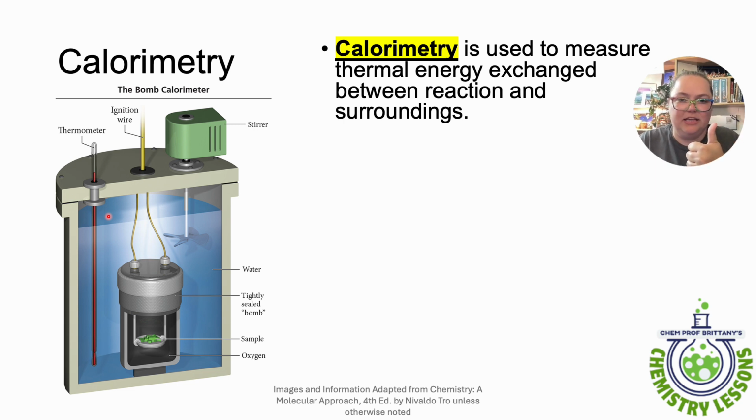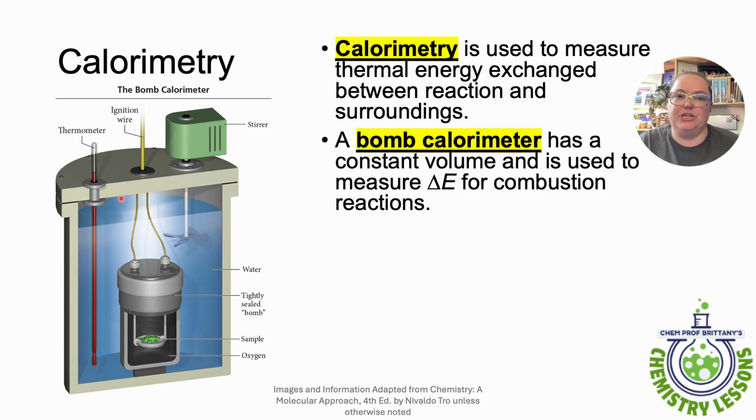And because it's insulated, the only option is it came from here. So the amount of heat lost by this is the exact amount of heat gained by this. That's a bomb calorimeter. We call this process calorimetry, and we measure that heat exchange.